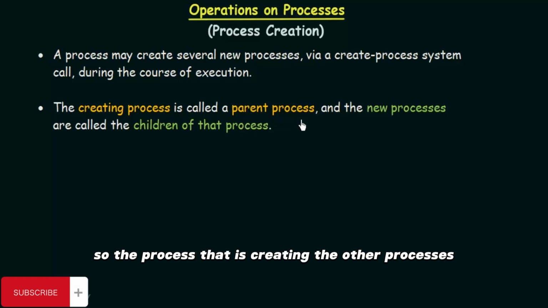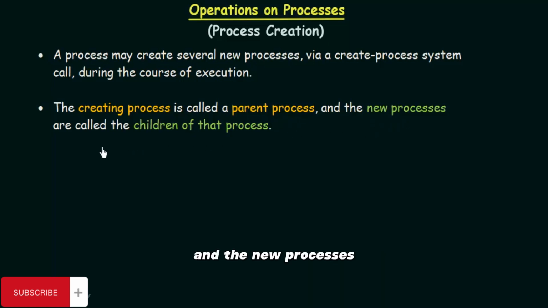The process that is creating the other processes is known as the parent process, and the processes created by the parent process are known as the children of that process. From the names themselves, it is easy to understand.